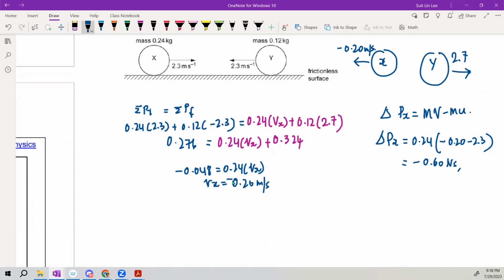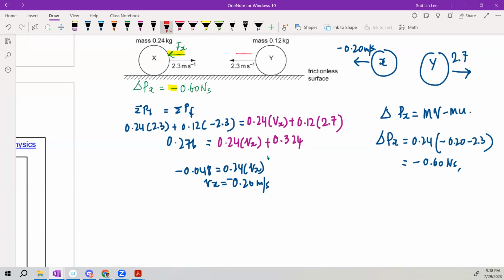You realize that this is also the change, meaning the change in momentum of x is negative 0.60 Newton second. So x will experience a force in the negative direction.